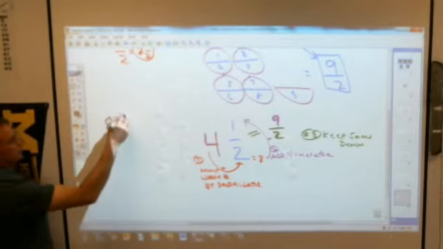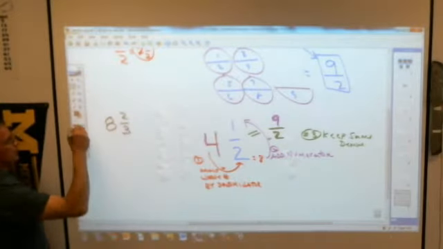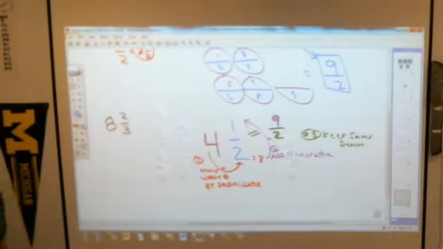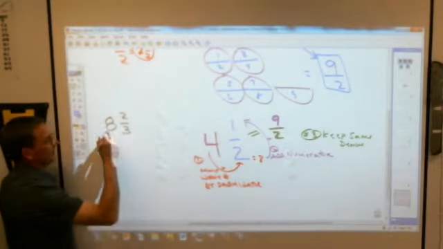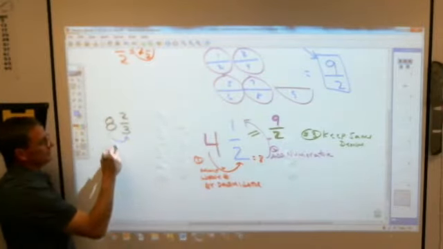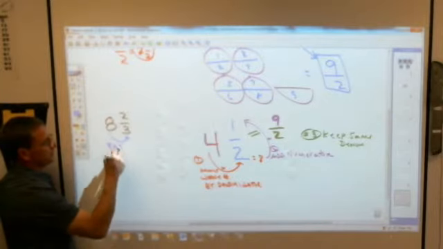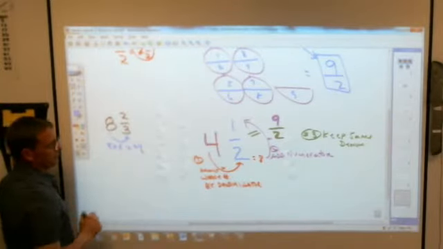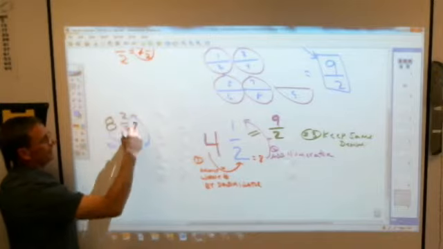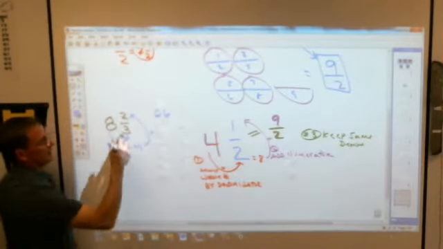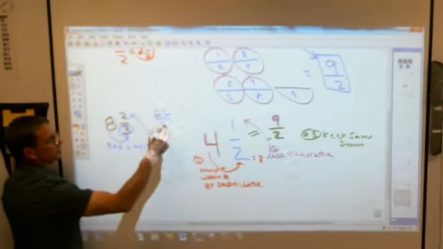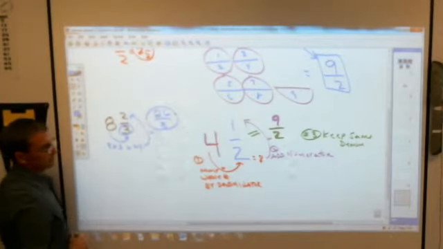8 2/3. If we follow our little algorithm, whole number times denominator. 8 times 3 is 24. To that 24, I add the top. 24 plus 2 is 26. And then I just keep the bottom number, 26 over 3.